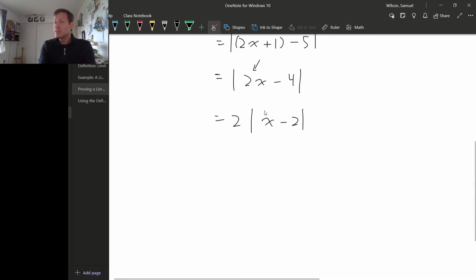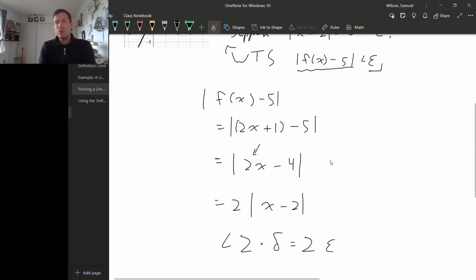We know that x minus 2 is less than delta, and delta, remember, is epsilon. So we found that the absolute value of f of x minus 5 is less than 2 epsilon. Well, that isn't what we wanted. We wanted it to be less than epsilon. So this didn't quite work out.